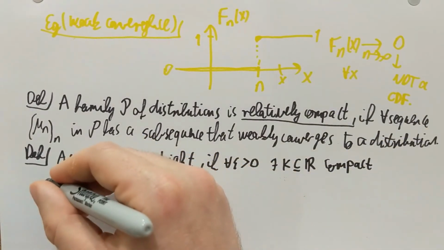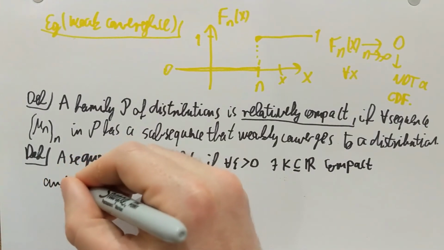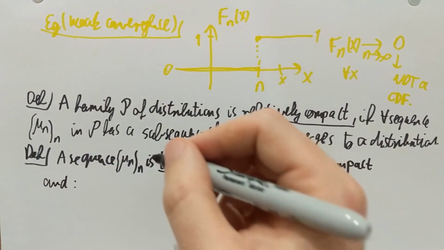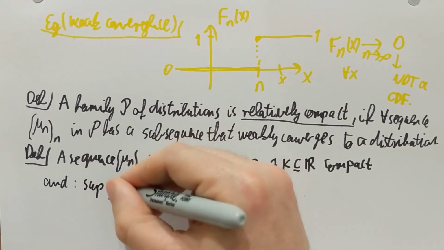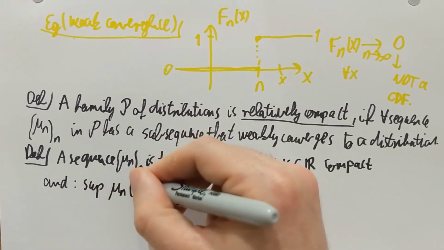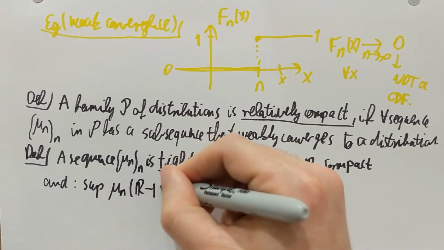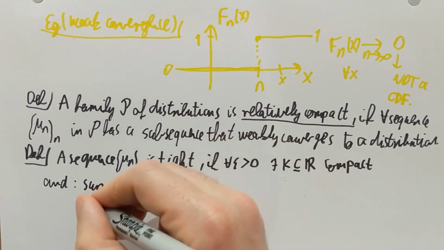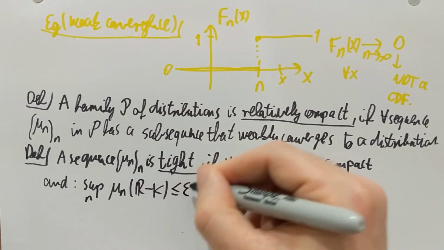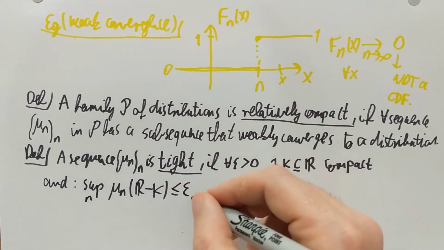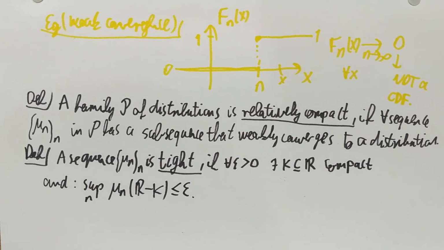Such that if I take mu_n of all R minus the compact set, and take a supremum in n, then this is still smaller than epsilon. Okay, that's tightness.